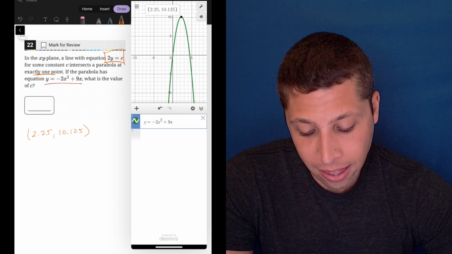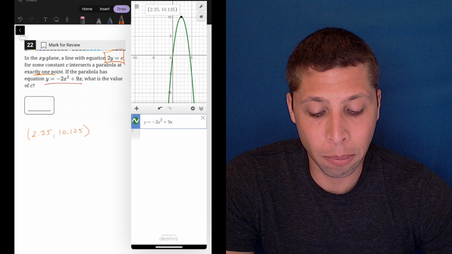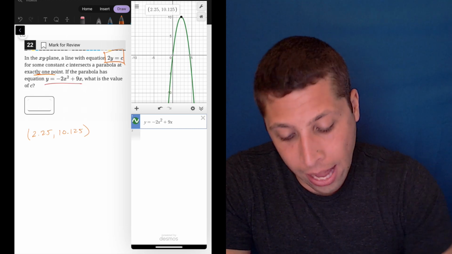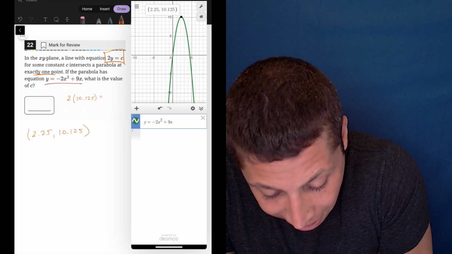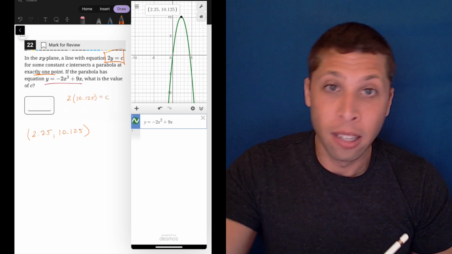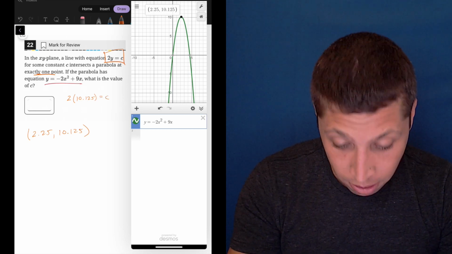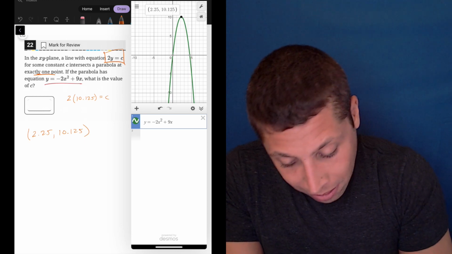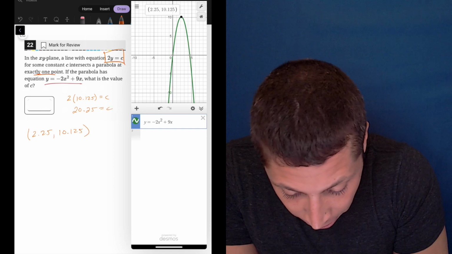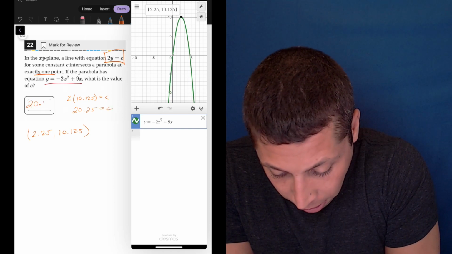So we would take the 10.125 and substitute that in for the y, and we would get 2 times 10.125 is equal to c. Do that in your calculator. 2 times 10.125, you might be able to do that in your head, is 20.25, which is c, so there is our answer.